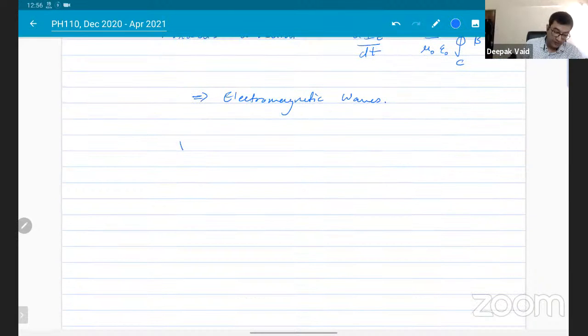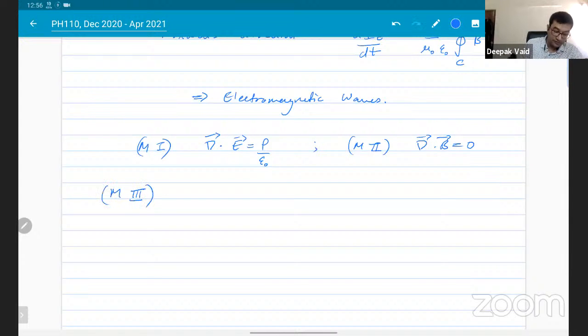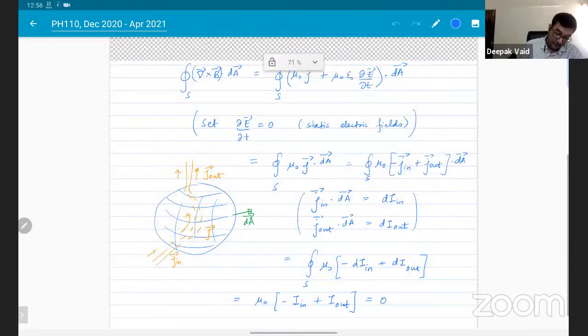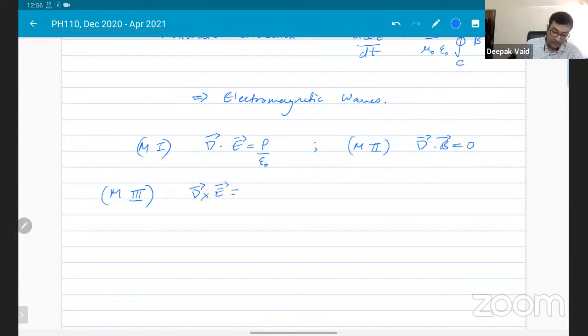Okay. So let me write down Maxwell's third and fourth equations, or all of them. M1, divergence of E is equal to rho by epsilon naught. M2, divergence of B is 0. M3, curl of E is equal to minus dB by dt.